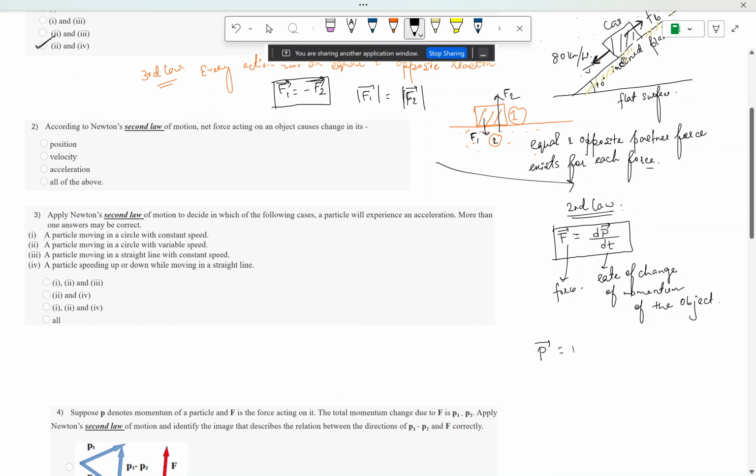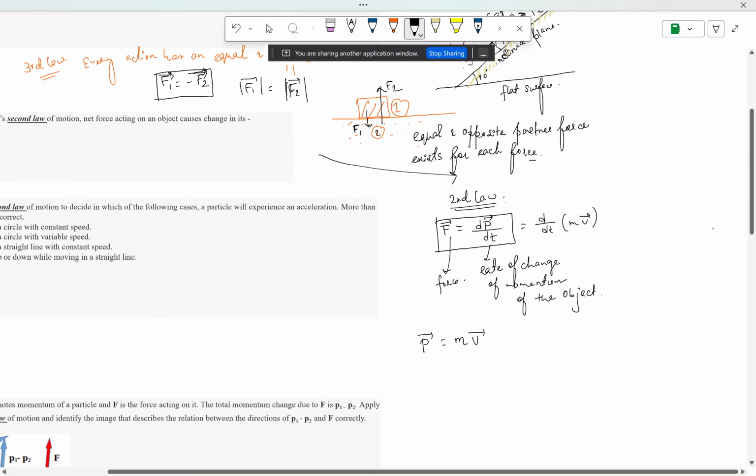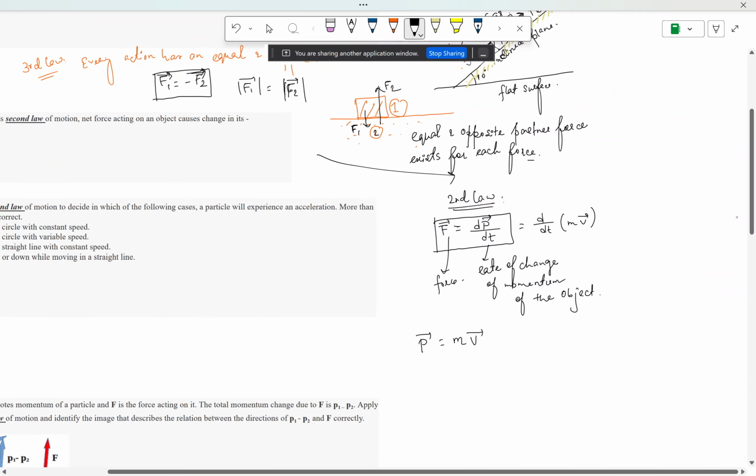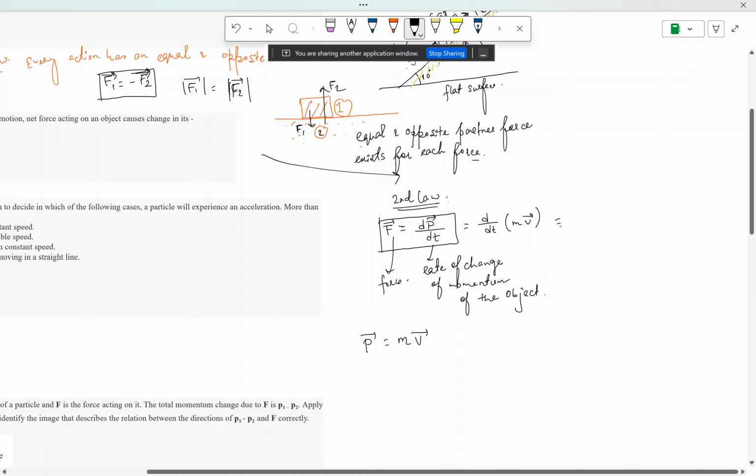Momentum is nothing but mass times velocity v. So if you replace it here, it will be d/dt of m times v. Now you know that mass is not a vector quantity, it is a scalar. But velocity is a vector because it has both value and direction. And the mass of that object is fixed, right?